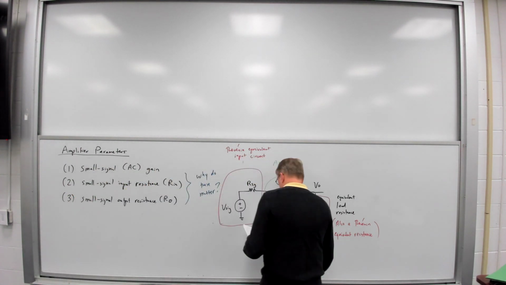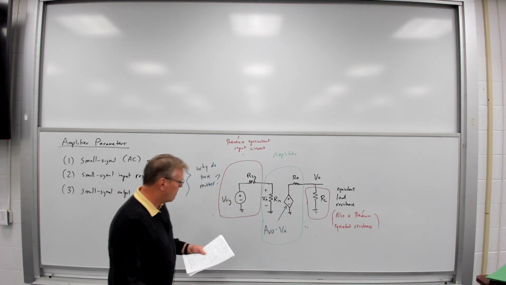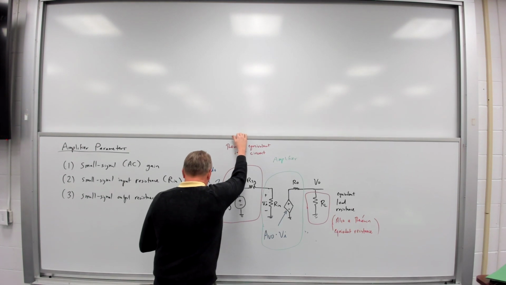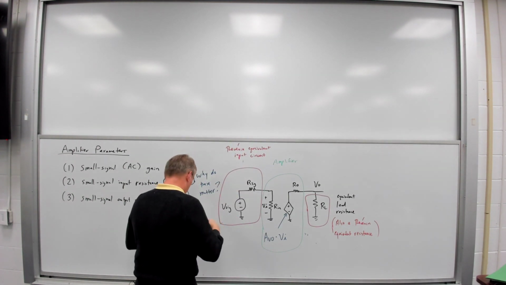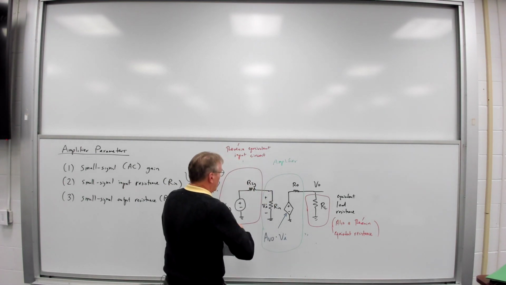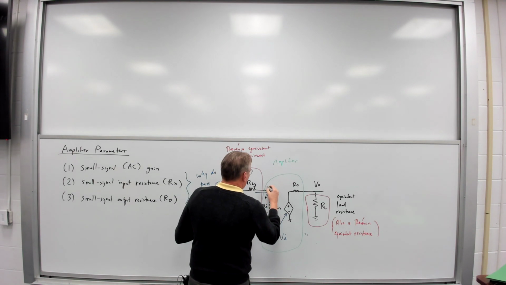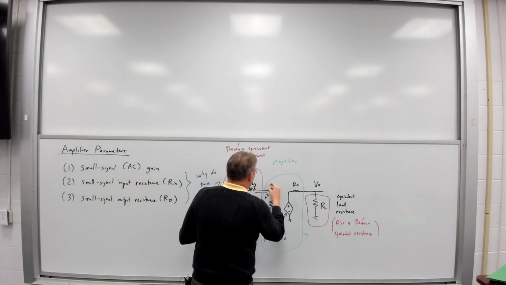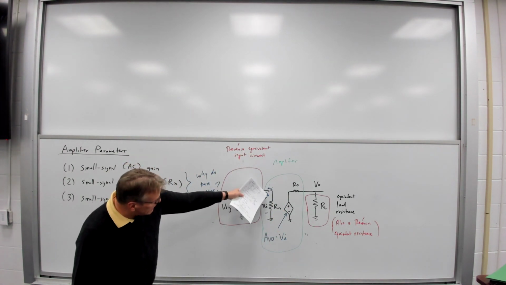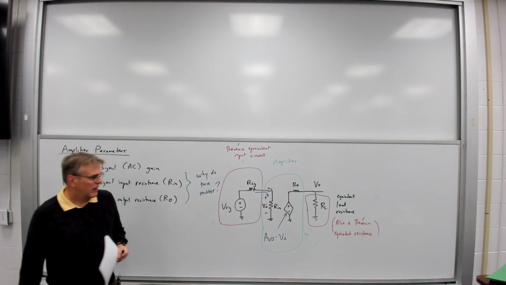So in this case, all right, let me go ahead and draw a current here. I'm going to have a voltage V sub i and a current I sub i associated with the input of that amplifier.